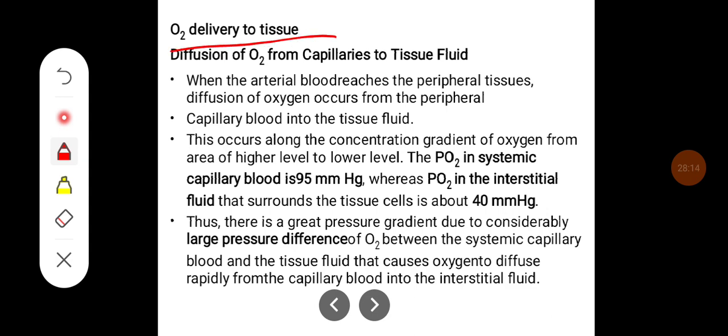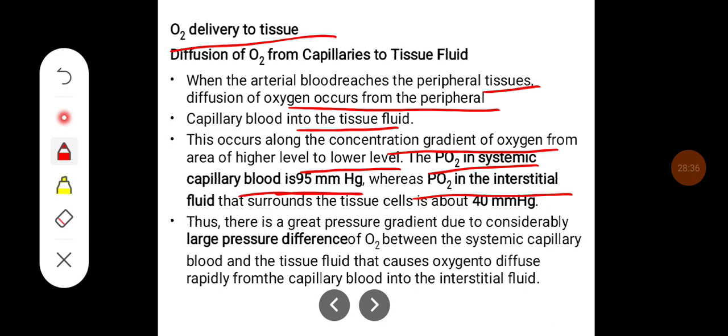Oxygen delivery to the tissues. When arterial blood reaches the peripheral tissues, diffusion of oxygen occurs from the peripheral capillary blood into the tissue fluid. This occurs along the concentration gradient of oxygen, from the area of higher level to the lower level. The PO2 in systemic capillary blood is 95 mmHg, whereas PO2 in the interstitial fluid that surrounds the tissue is about 40 mmHg.